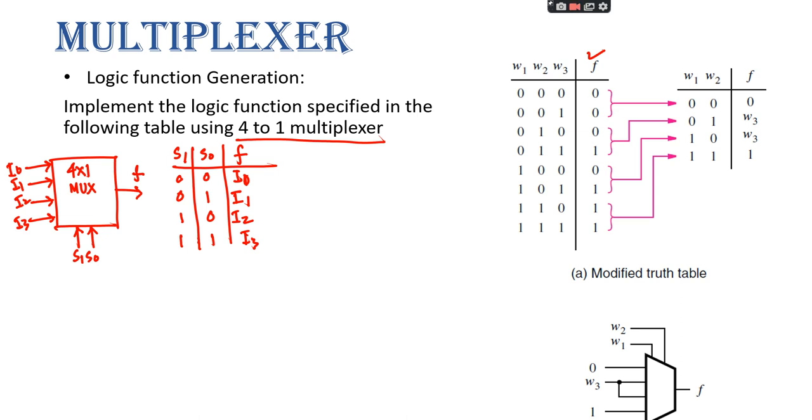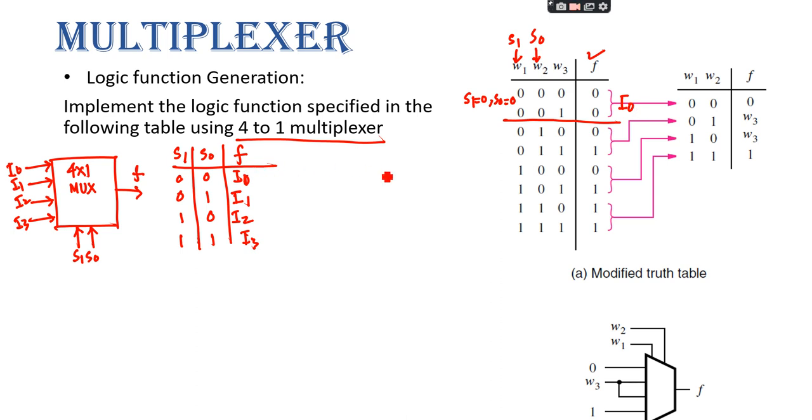So now if we consider W1 equals S1 and W2 equals S0, I can combine these two, where S1 is 0 and S0 is 0, right? Yes, sir. So these two should correspond to I0.